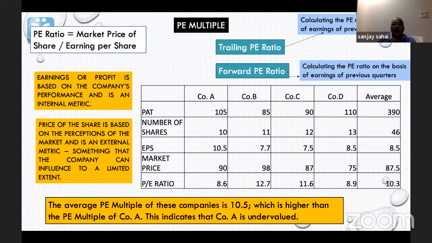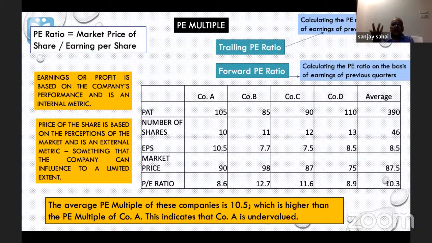So when you have an earning of 105, accordingly, EPS of 10.5, you have a ratio of 8.6, or a market price of 90. Company B, look, the PAT is 85, number of shares are 11, EPS is 7.7, market price is 98. What is the relation here? 12.7. For every 1 rupee of earning, the price will be 12.7.